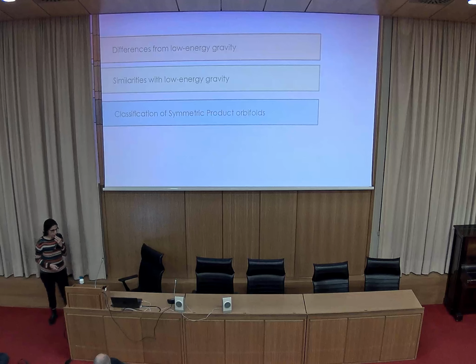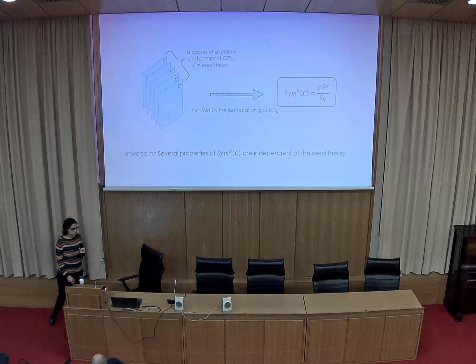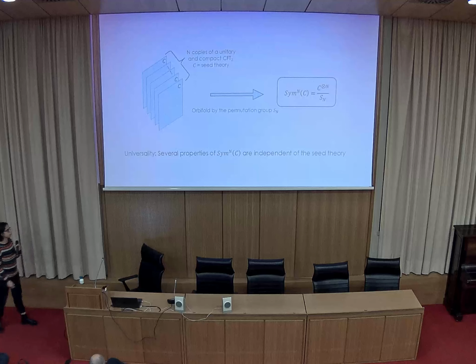Okay, so let's start with the differences and similarities. I'm going to bundle them both together. As I talk about these differences and similarities, I'm going to tell you properties of symmetric product orbifolds that are universal.